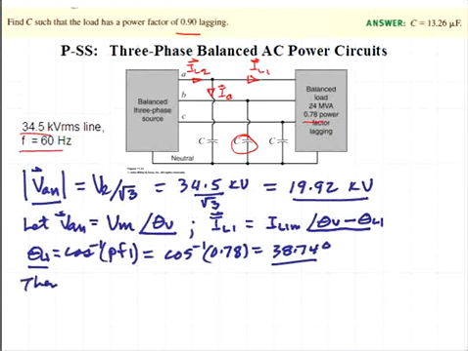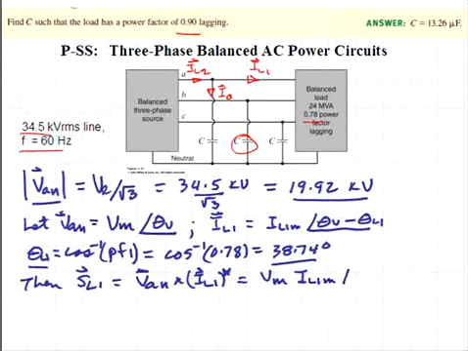VAN. Then the complex power, SL1, we'll designate as a complex quantity, is equal to the VAN phasor times the complex conjugate of the IL1 phasor, and this will equal, in terms of our labeled values, Vm times IL1 magnitude at an angle of theta L1.